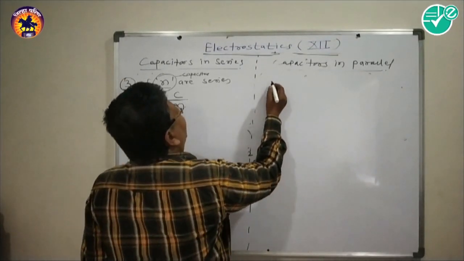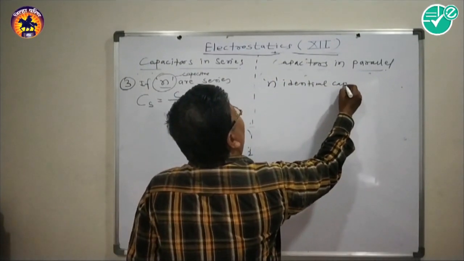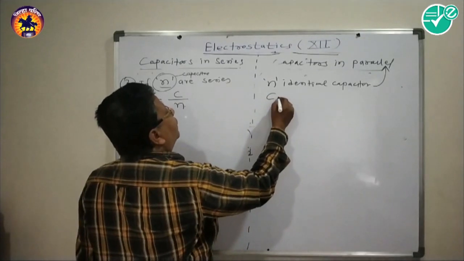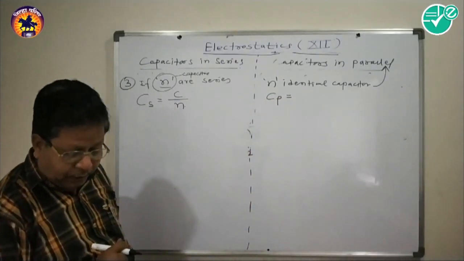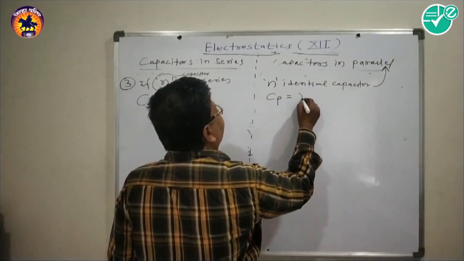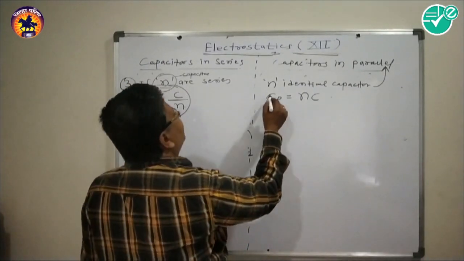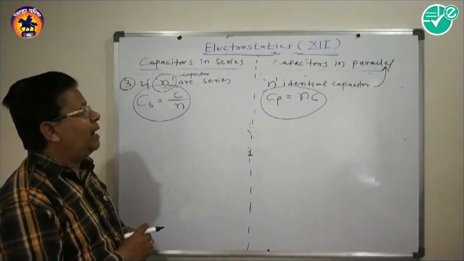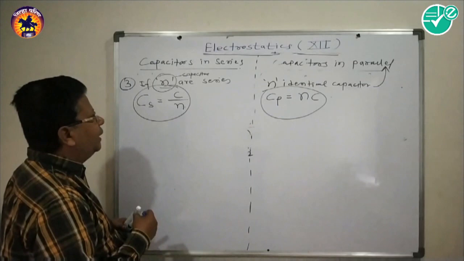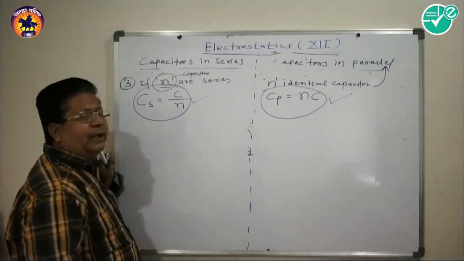Again, if n identical capacitors are connected in parallel, then we get equivalent capacitance Cp, which is equal to n into C. So when n identical capacitors are connected in series, the equation is Cs equal to C by n, and when the same n identical capacitors are connected in parallel, then the expression is Cp equal to n into C.